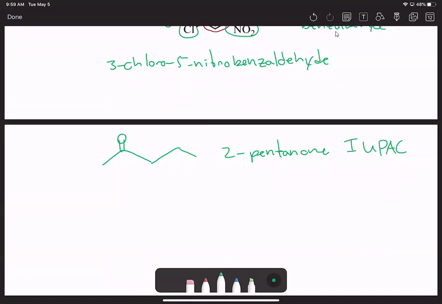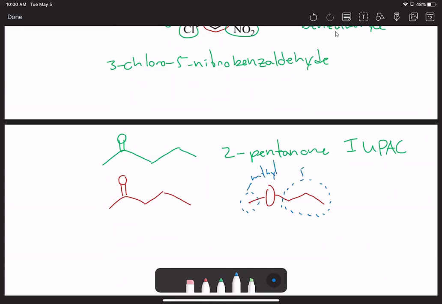Well, there's also a common way to name this; it does have a common name. If I redraw the structure, let's revisit our ethers. If I drew this, could we name this particular ether? Well, it's an ether. I'm going to circle my branches.